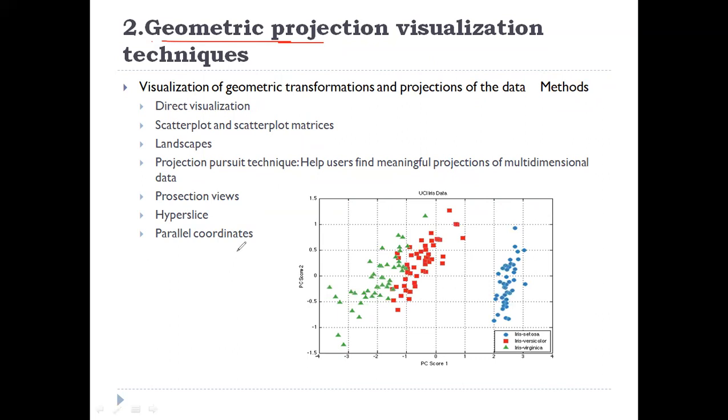In another way, you can say that it's a representation of data in different dimensional spaces. Suppose we represent some data in 2D space, that is called 2D space data.